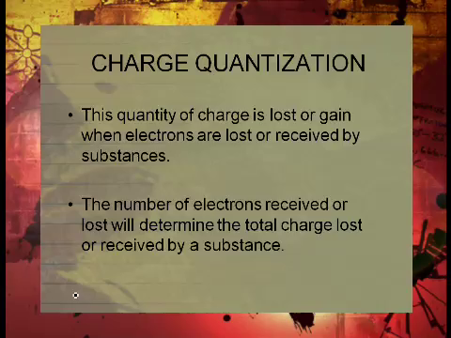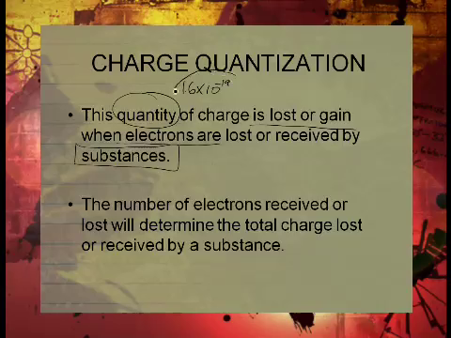Now, this quantity of charge lost or gained when electrons are lost or received by substances, it is the charge that is either lost or gained, knowing that it is electrons that move.